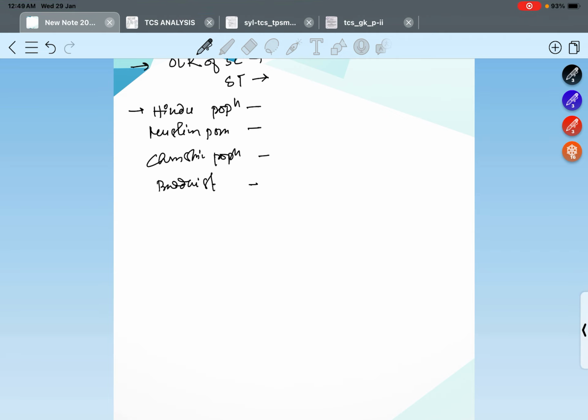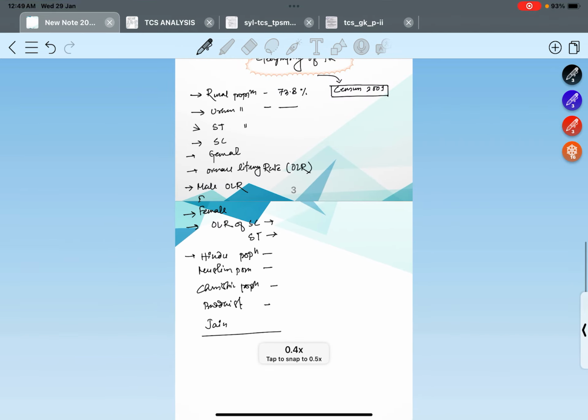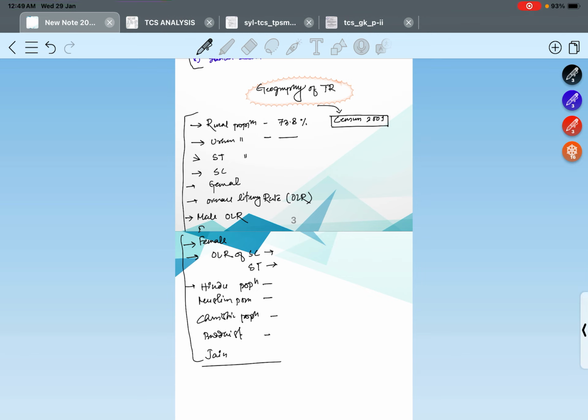At that time you should know the data. Jain population, so everything. So this was for population distribution and density in the state of Tripura. In this way you have to do every topic, to this much depth.